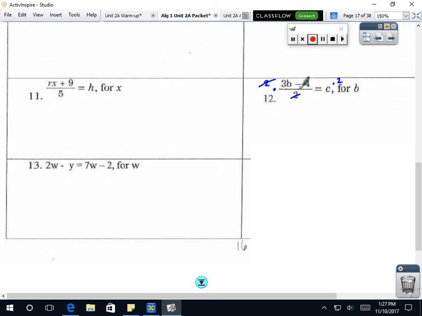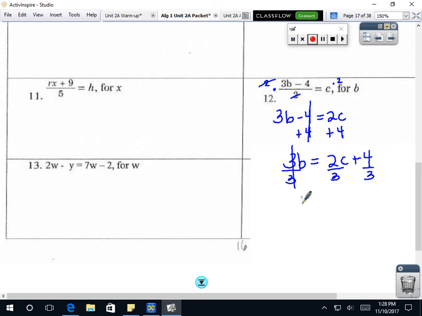Those cancel out, leaving 3b minus 4 equals 2c. Now to solve for b, what do we move next? Right, we need to add the 4 and cancel it on that side and move it on that side. So we now have 3b equals 2c plus 4. And now what do we do to get b by itself? And I'm going to divide that by 3 and that by 3. So I end up with b equals 2c over 3 plus 4 over 3.